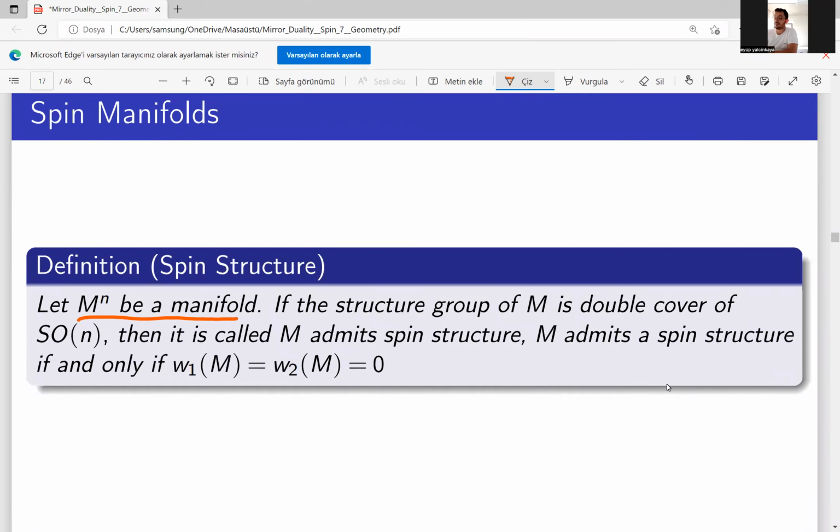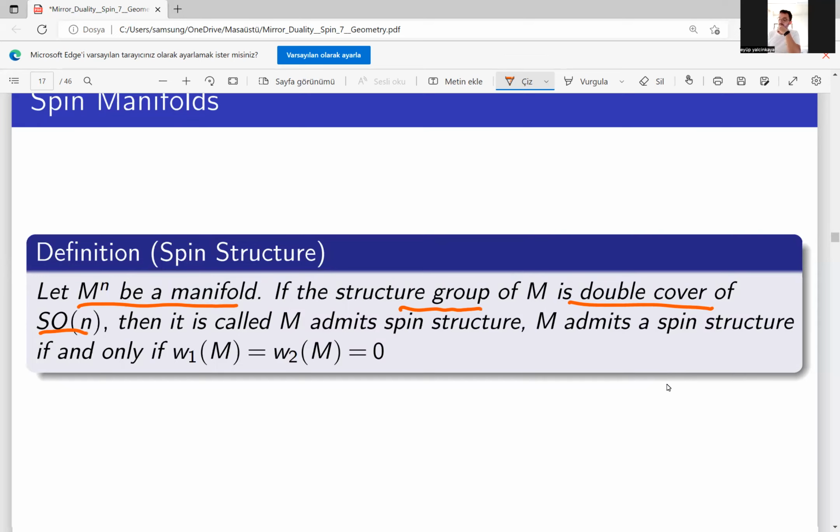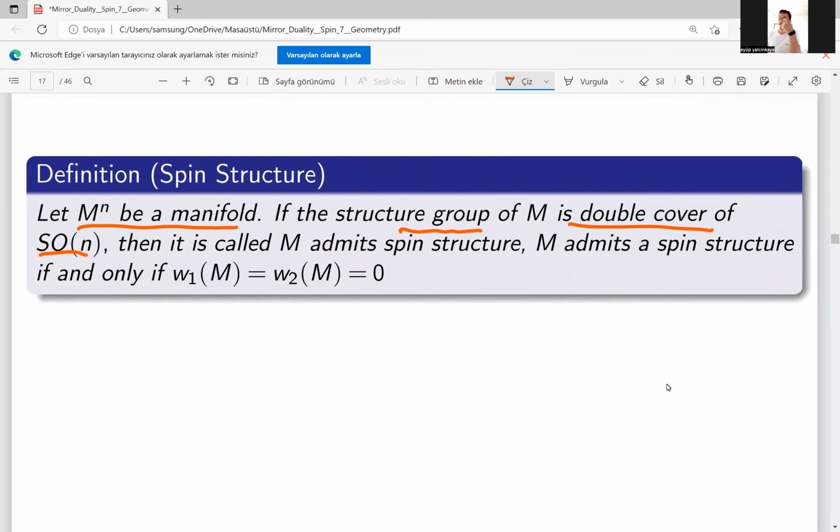If we have the manifold, the structure group, the manifold structure group overlapping. If you have a double cover, okay, we can say that M admits a spin structure, and this part is the theory related to the characteristic class theory.